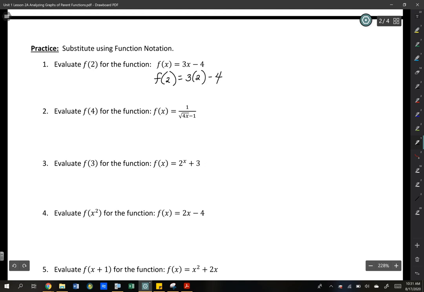So what you may want to do with these is just sort of highlight what's going to be replaced. And then we go ahead and solve that. So in this example, f of 2 is equal to 2.